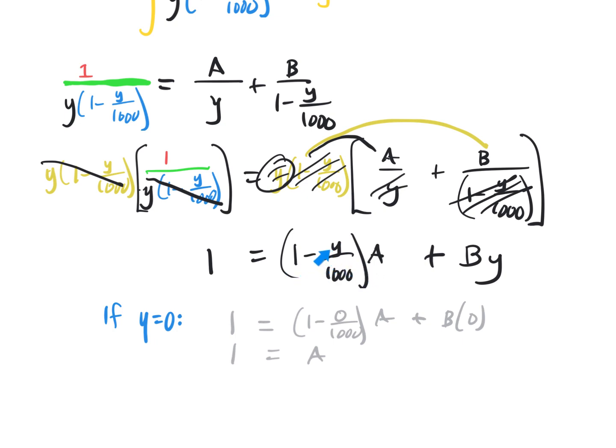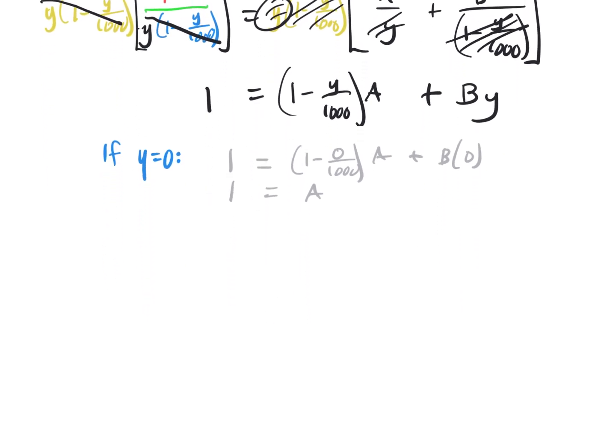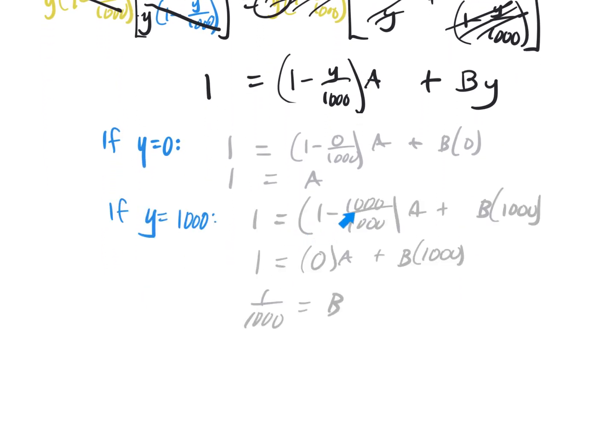So what value of y will make this difference 0? 0 times a is 0 if y is 1,000, because then we have 1 minus 1,000 over 1,000, 1 minus 1, 0a. And substituting 1,000 in for y, we could quickly see that b has to be 1/1000th.